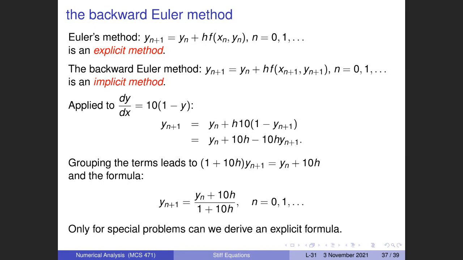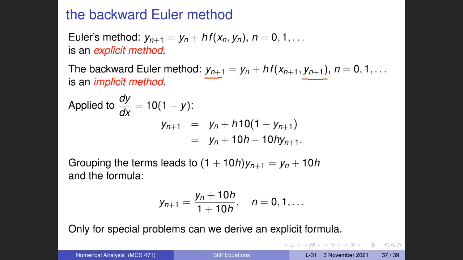The backward Euler method uses the function evaluation at the next step, which is kind of absurd because you can't do this directly. If you want to evaluate this formula, you have something that is at the left and at the right. And what is at the left is what you want to compute. It's kind of a recursion. And that's why it's called an implicit method.